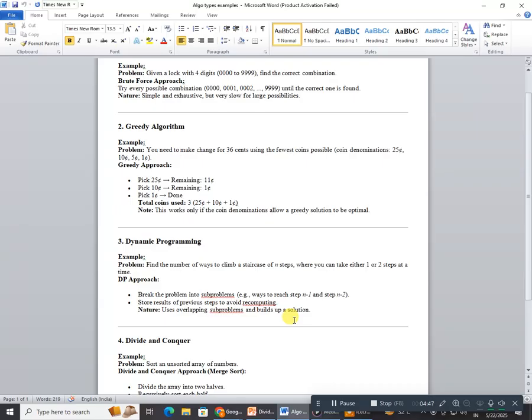So what is the DP approach, that is, the dynamic programming approach? Break the problem into sub-problems, for example ways to reach n-1 and n-2, and store the results of the previous steps to avoid recomputation.